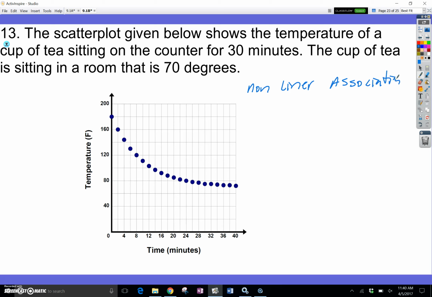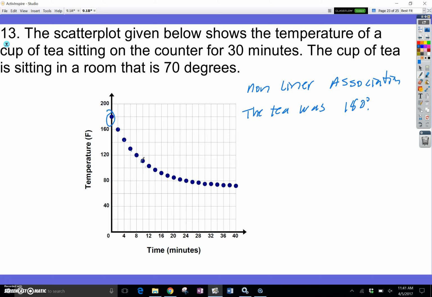And it's clear that it is following a pattern. So what I would say is start with the initial temperature. So the tea was initially 180 degrees when it was initially poured, but then the temperature decreased rapidly. You can see it's going down.